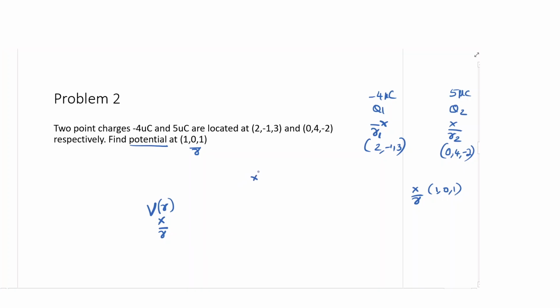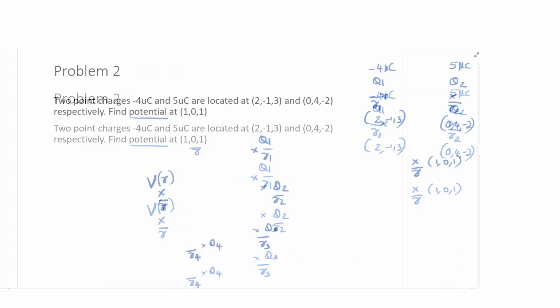They will give two or three charges in the question, so you can represent it in a common way: Q1 at position R1, Q2 at position R2, and Q3 at position R3. If there is a fourth charge, you can again represent it as Q4 at position R4.